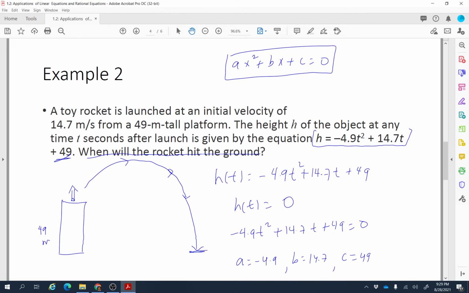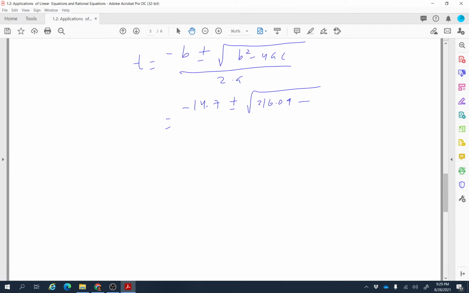As you can see, a is -4.9 and c is 49, and if you multiply them by 4, it will be plus 960.4, divided by 2 times a. So a is -4.9, so if you multiply that by 2, that will be -9.8.